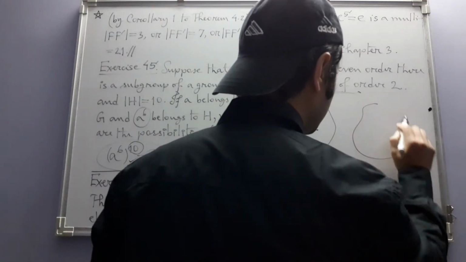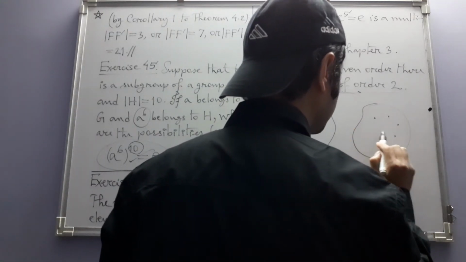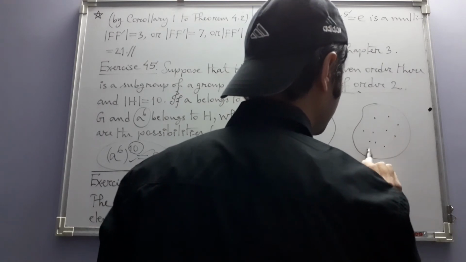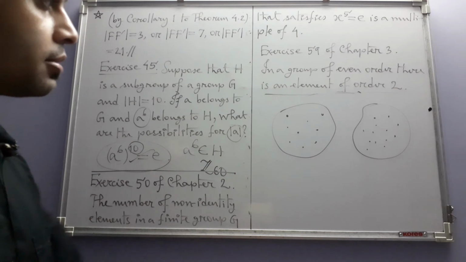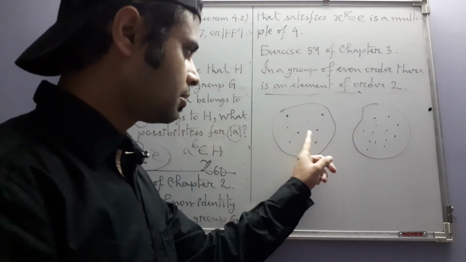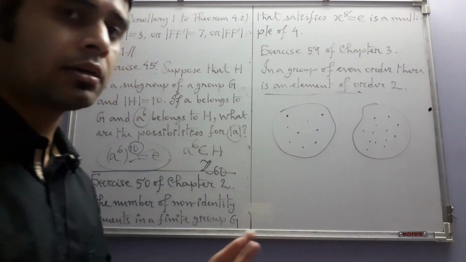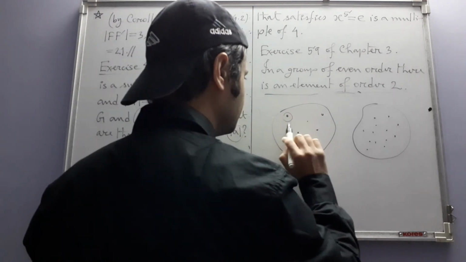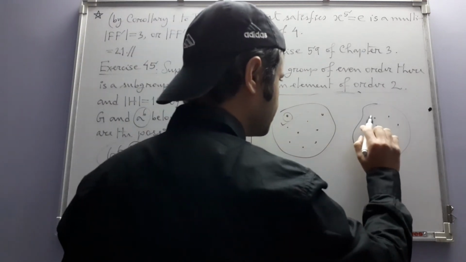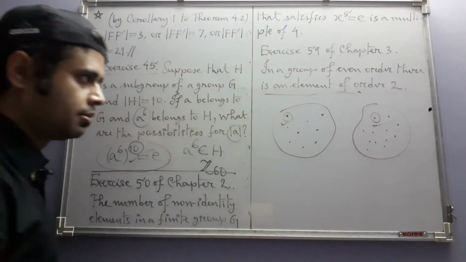You can keep some other groups which are isomorphic to one another among themselves in a separate class. No two groups from two different classes are isomorphic. So it's enough to study only one from here, another one from here.